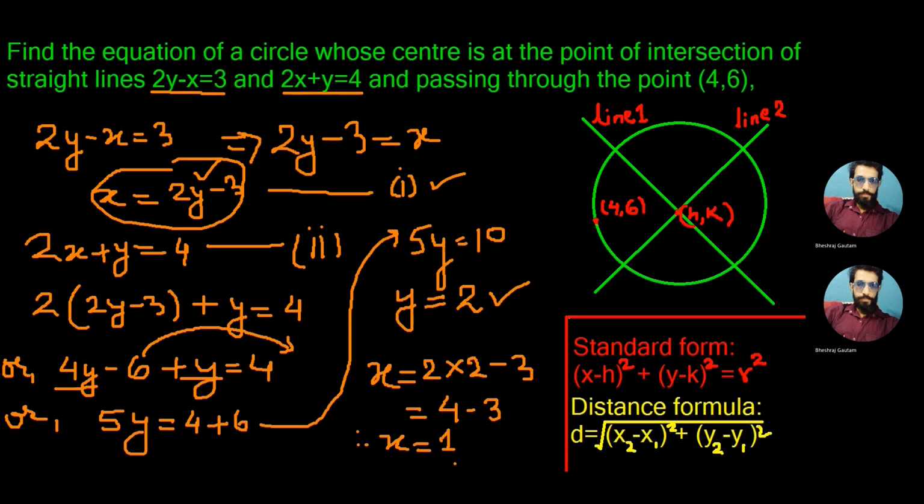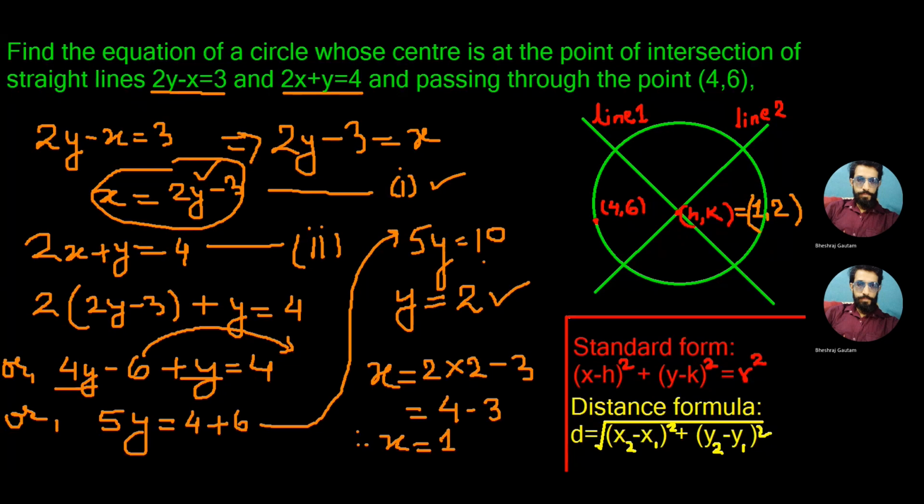So when we solve these two equations of straight lines, we get the value of x as 1 and y as 2, which is also the intersecting point of the two lines, and that is same as h comma k for our circle. Now we can write h is equal to 1 and k is equal to 2. See on the figure.